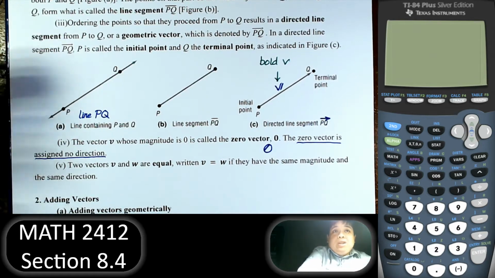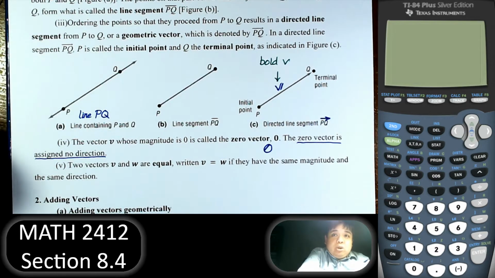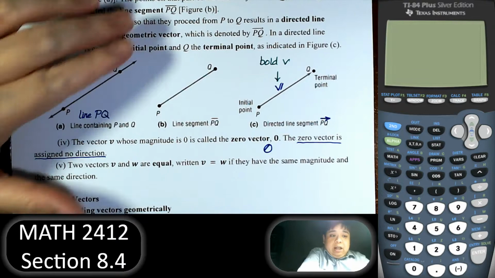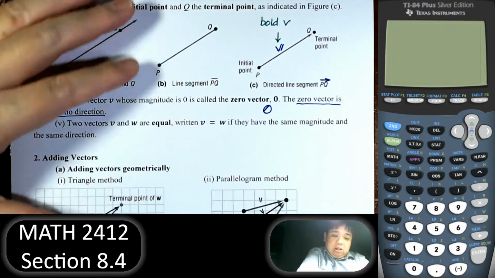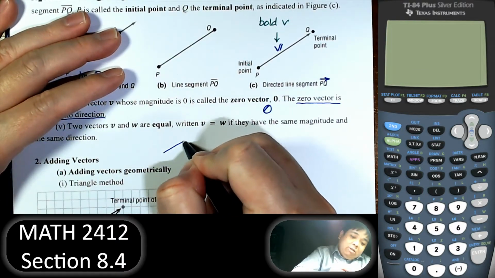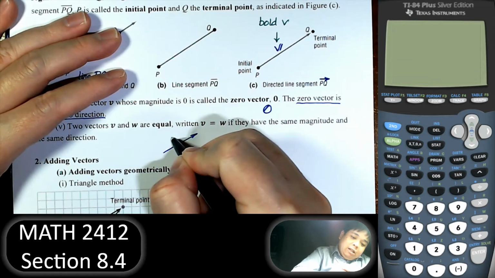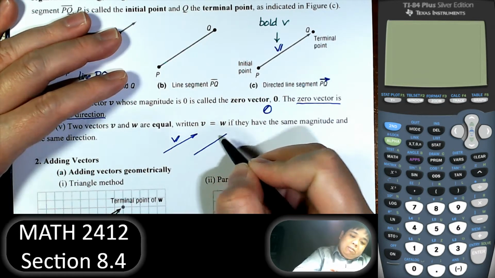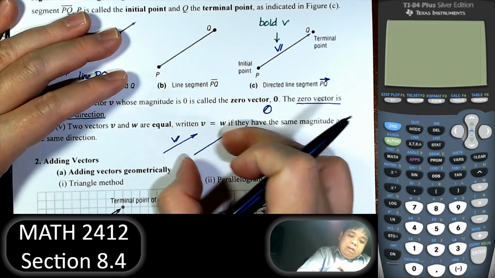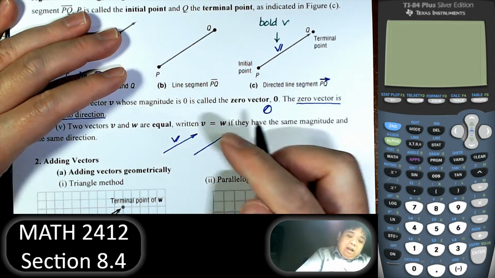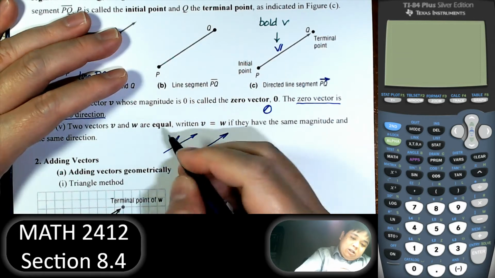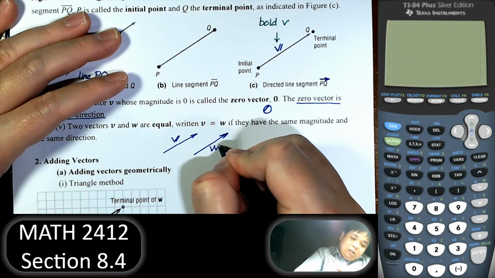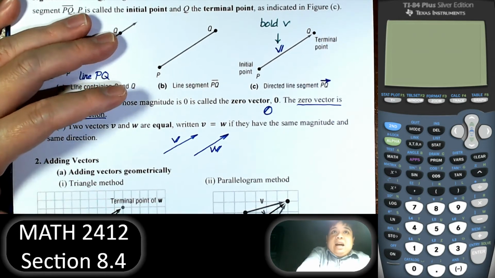So up to this point, we say that a vector has magnitude and direction, and we also say there's no location. What I mean by that is, if we have a vector v like this, as long as another has the same magnitude, meaning the same length, and it points in the same direction, then they're equal.